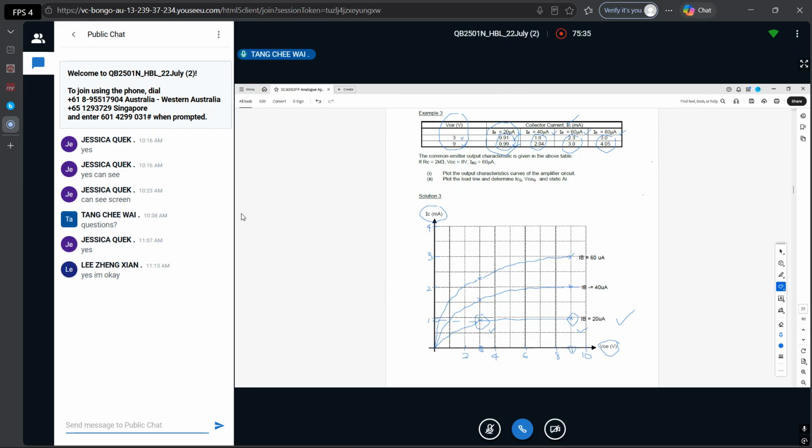For the first curve for IB equals to 20 microamp, on the side, which I wrote there, that's the first curve drawn. How do you get your first curve? Because you have 2 points and you join them together. Okay, I pause for 5 minutes, can?